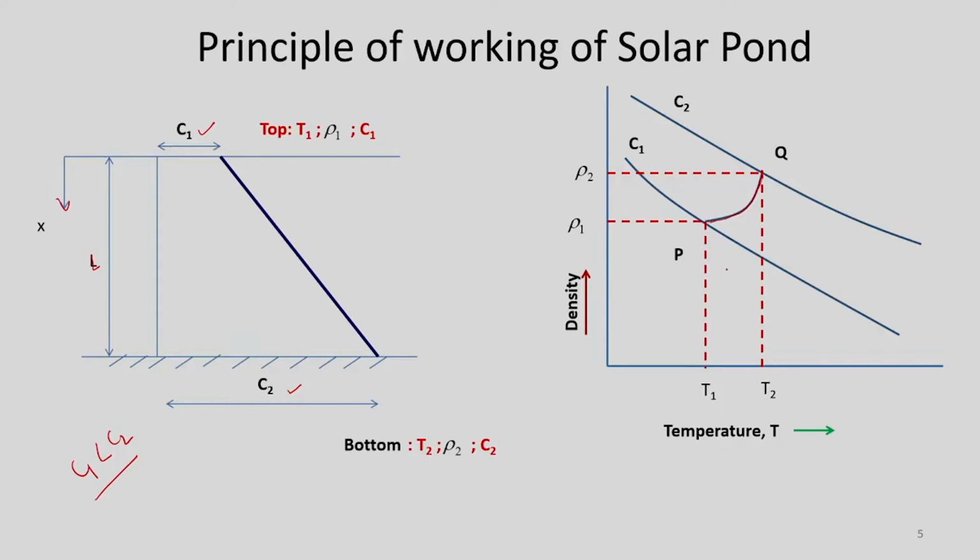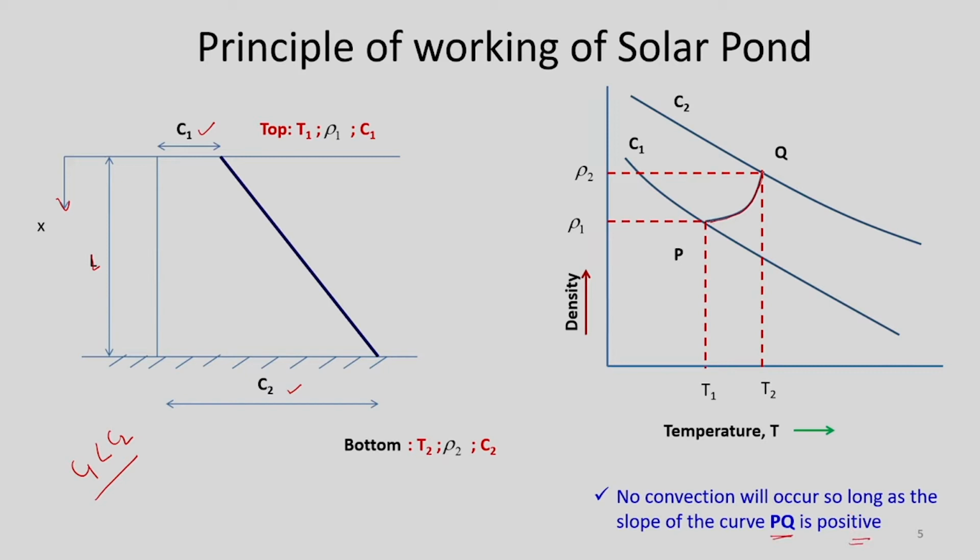We can have multiple points between the top layer and the bottom layer, and then find the exact values of density at a particular temperature. What we understand here is that no convection will occur so long as the slope of the curve PQ is positive.